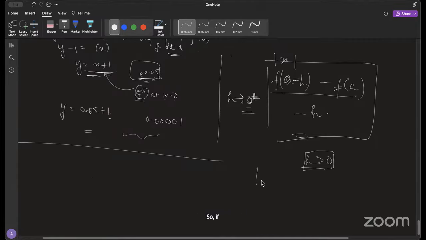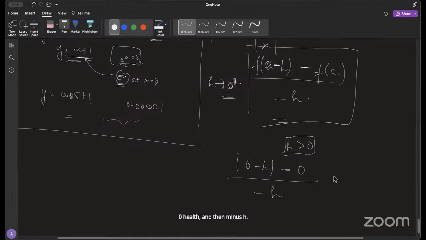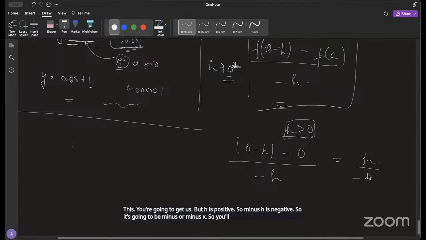So if you do this, you'll have 0 minus h minus 0 here and then minus h here. Because h is positive, minus h is negative, so it's going to be minus of minus h. So you'll get h here and minus h here.